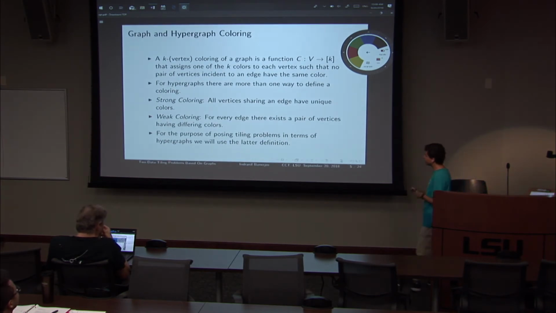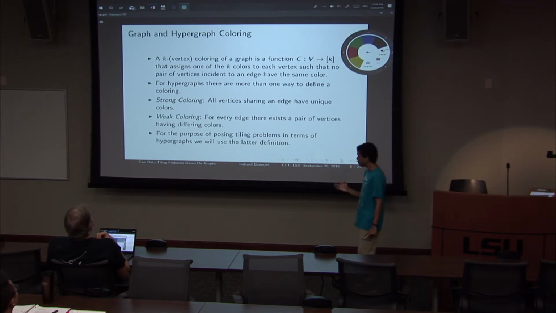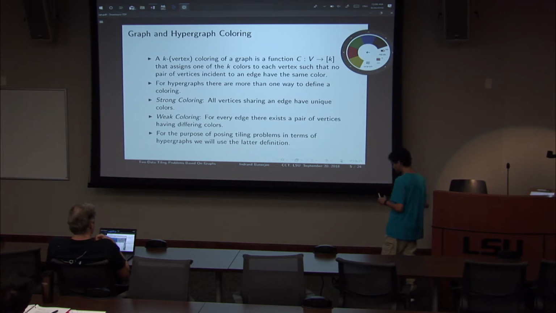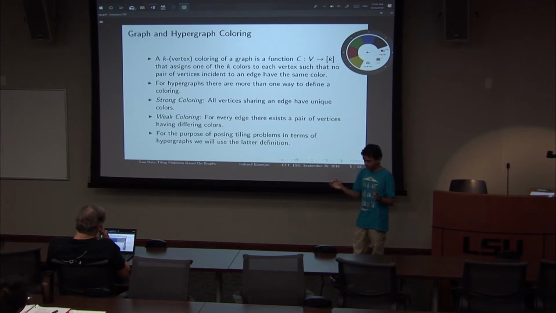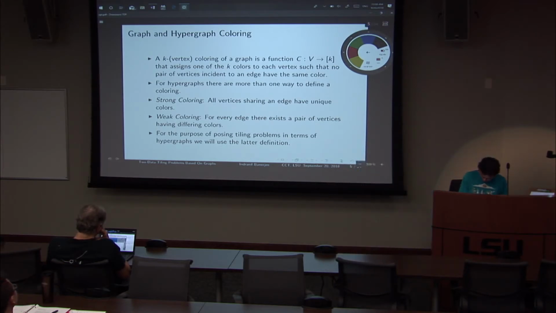Let's define coloring, because we do use the notion of coloring. A k-vertex coloring of a graph is a function which assigns a color to every vertex. Now suppose I have a graph, and I have two colors.